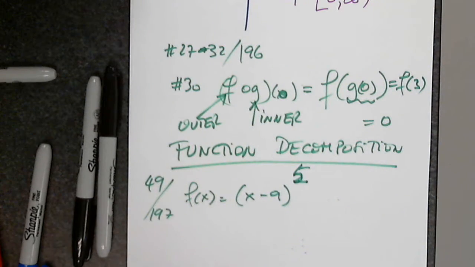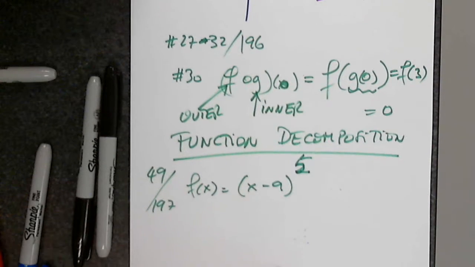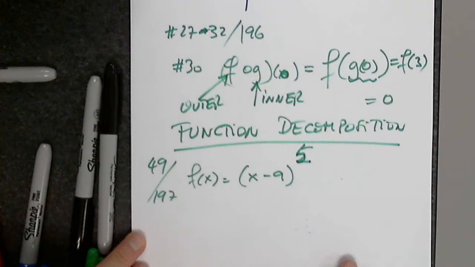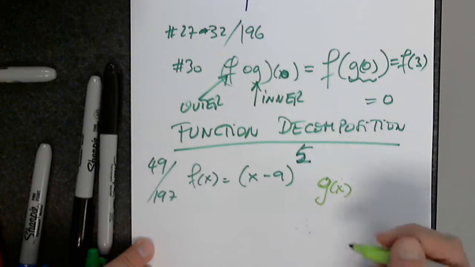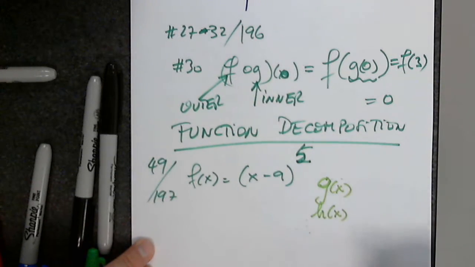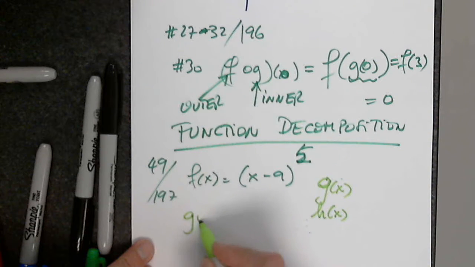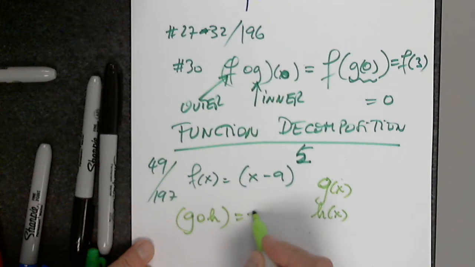We are asked to find two functions such that when I create the function composition, so let's say one function is g of x and the other function is h of x, such that when I create g composed with h, I get f of x.